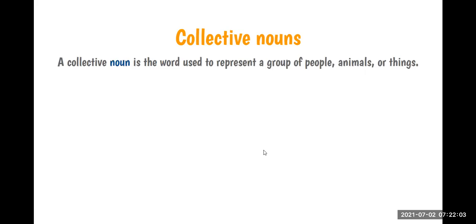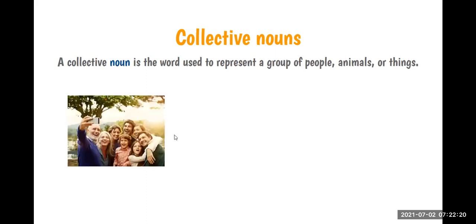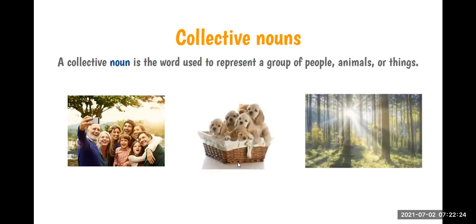Okay, pay attention to this. A collective noun is the word used to represent a group of people, a group of animals, or a group of things. So this is collective, okay? It's a group.